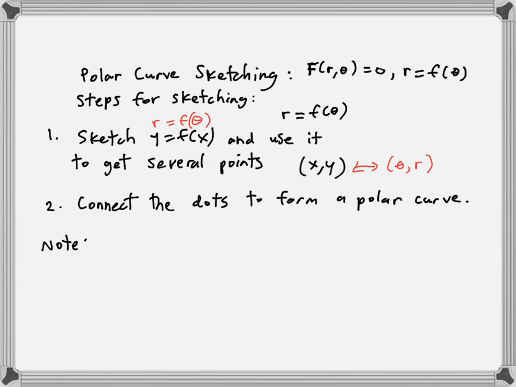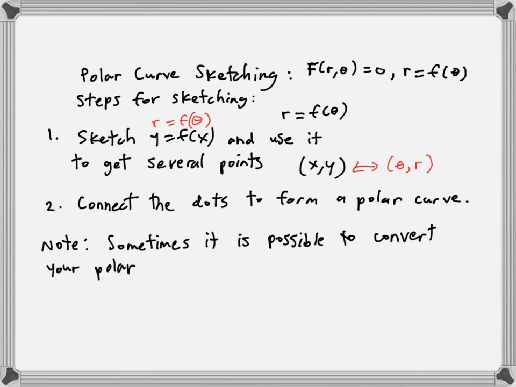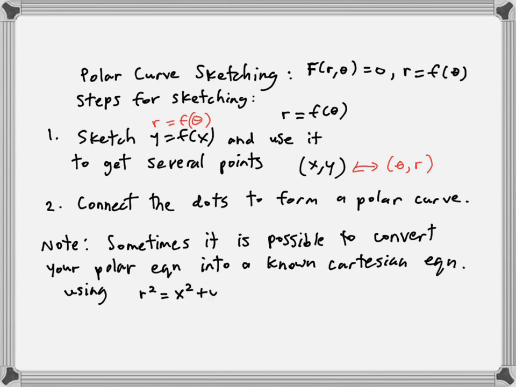Sometimes it is possible to convert your polar equation into a known Cartesian equation, using the fact that r squared is equal to x squared plus y squared, and a lot of times we use the fact that r cos theta is equal to x and r sine theta is equal to y.